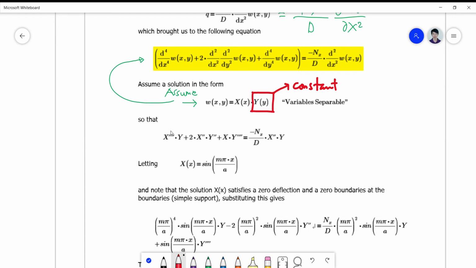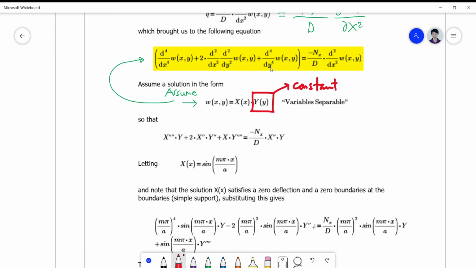So this is x quadruple prime y, and then plus, again, we take the partial derivative of this solution twice with respect to x and twice with respect to y. We assume first y to be constant, so this becomes 2x double prime, and assuming x to be constant, we take y double prime. And so is true with the third one.